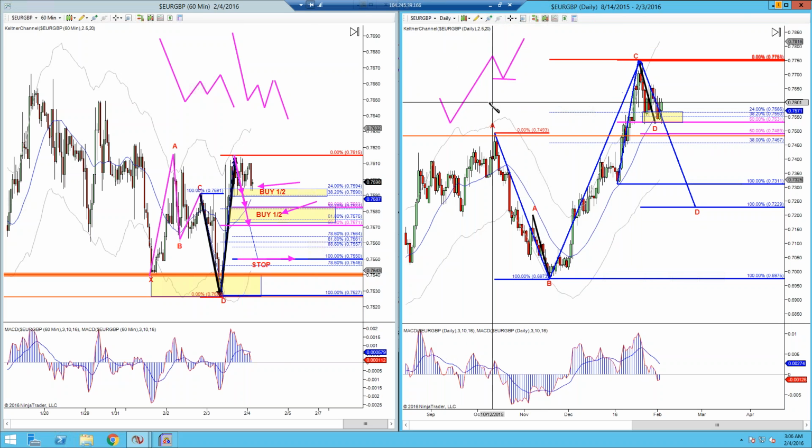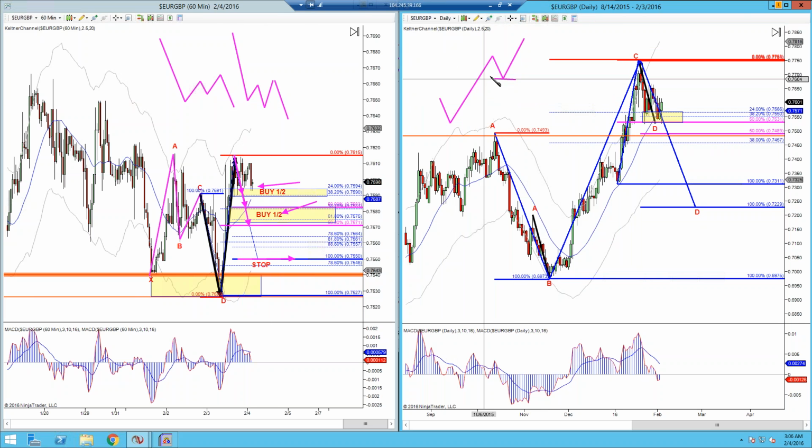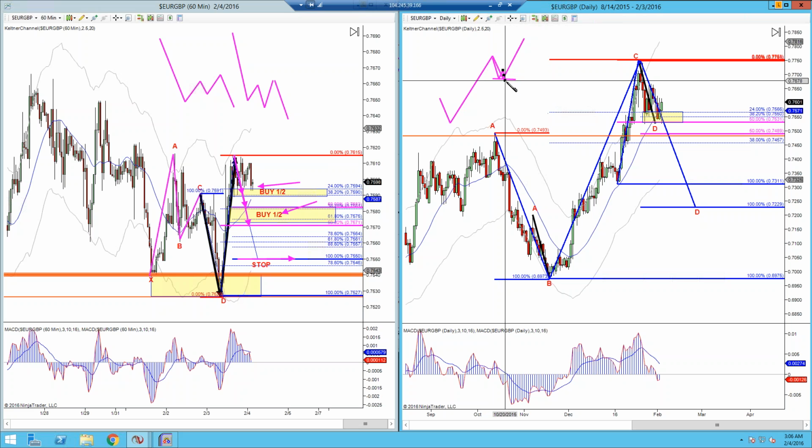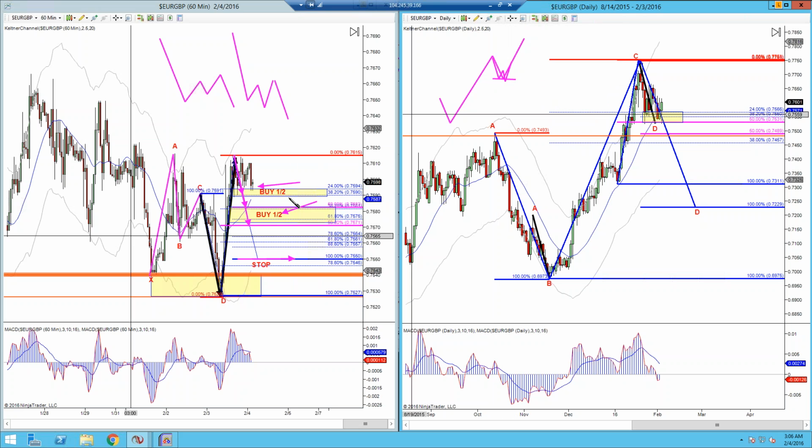You see, when you combine them both, then you have what we just did right here. That structure where the market came down, turned back up, down, and shifted back up. So right here is this.